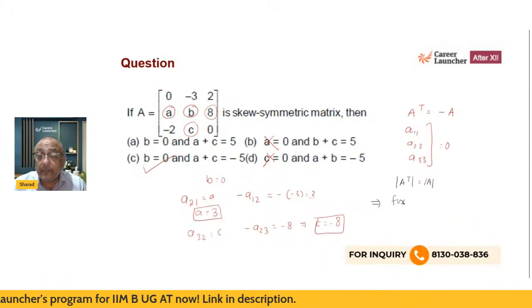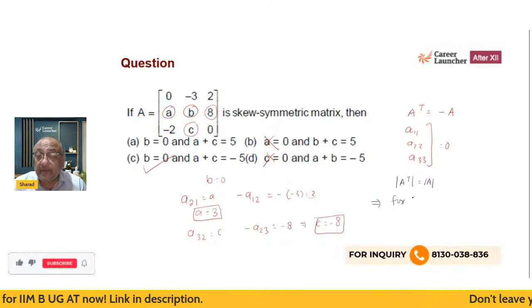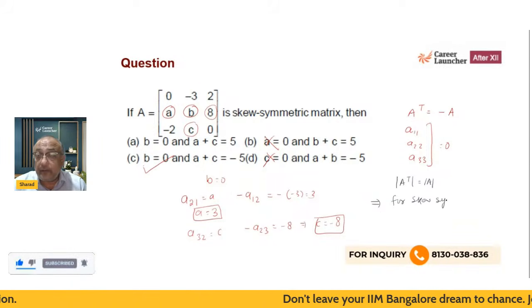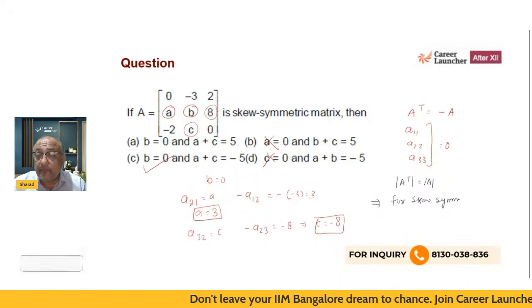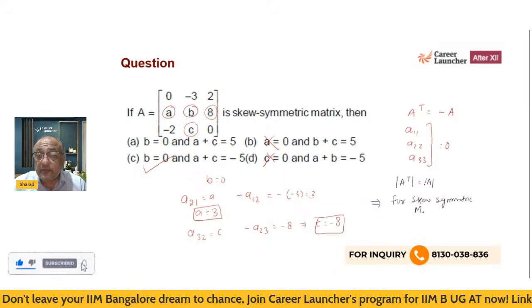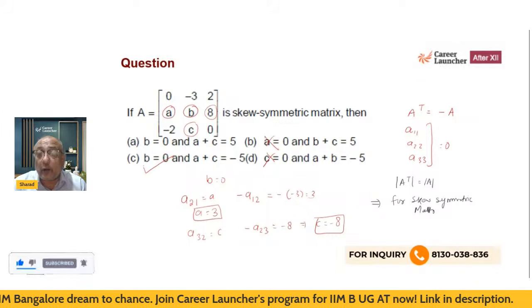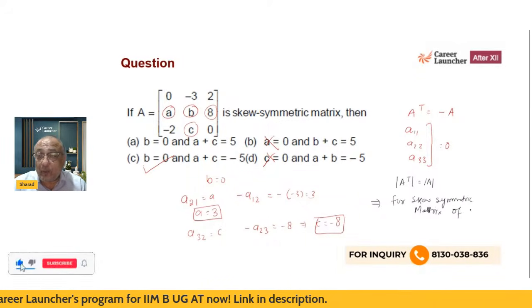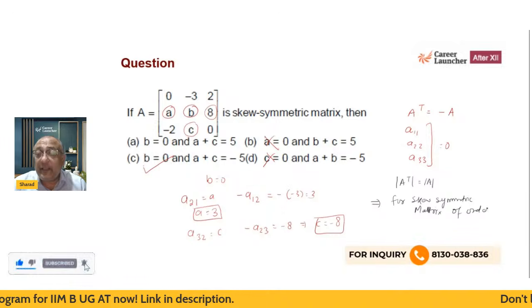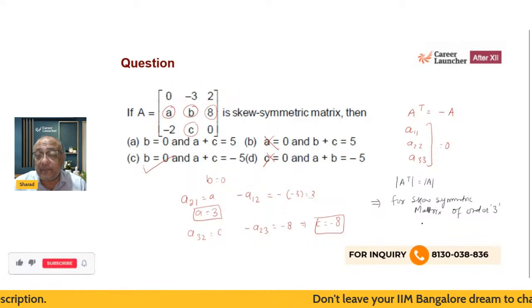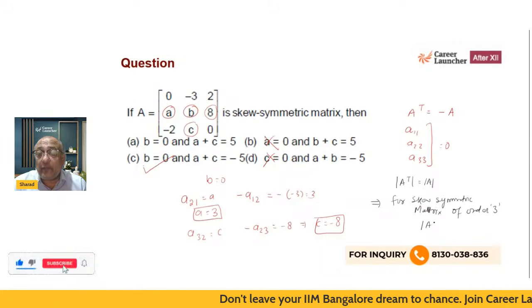For a skew-symmetric matrix, you can update your notes, for a skew-symmetric matrix of odd order, and you will always get order 3, determinant of A will be equal to 0.